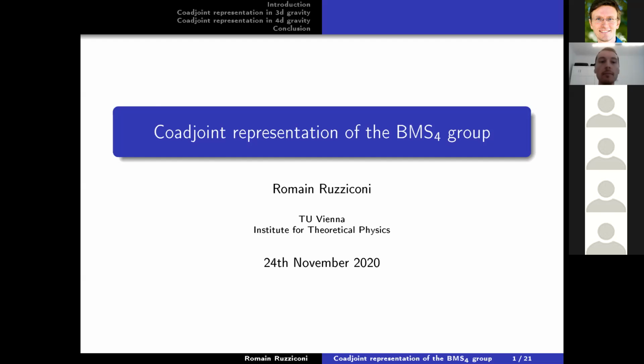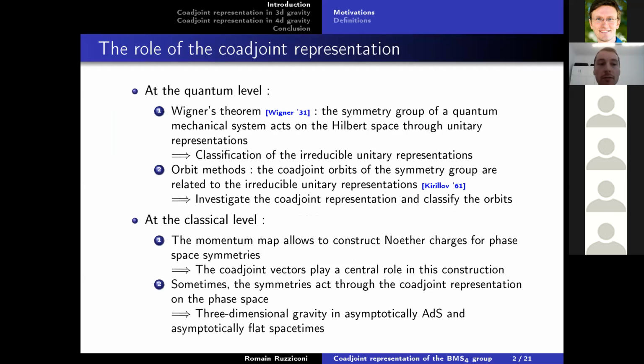Okay, so first let me briefly draw the role of the coadjoint representation in physics. First, we know that at the quantum level of the theory, from Wigner's theorem, if there is a symmetry of a quantum system, then it will act through some unitary representation on the Hilbert space of the theory.